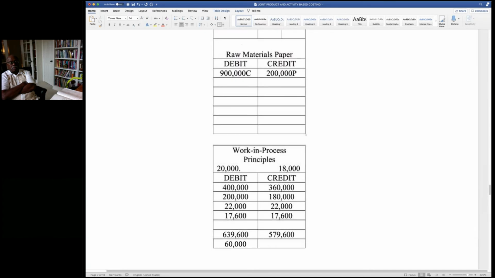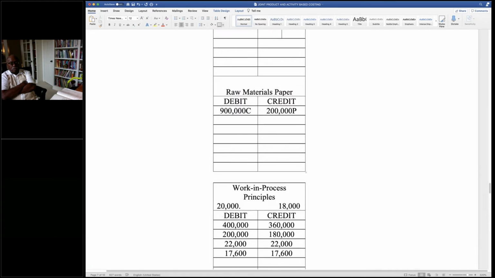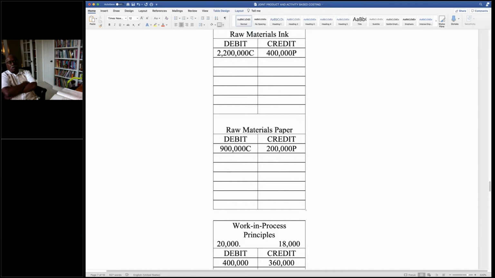Yeah, the ink. Okay. So for the ink, they had $600,000 worth of ink. Intermediate. And then we already have a credit for it because all 4 of those are going to total the comparison to that. Okay, now we're going to go on to work in process for intermediate.